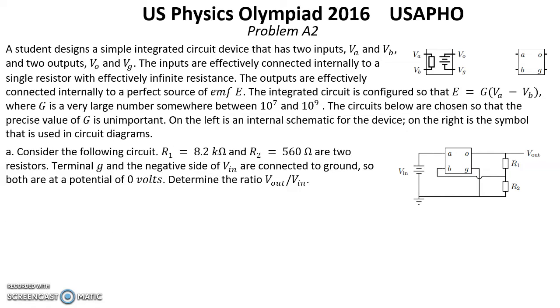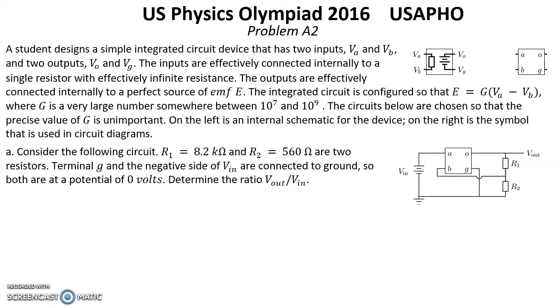Problem A2. A student designs a simple integrated circuit device that has 2 inputs, VA and VB, and 2 outputs, VO and VG. The inputs are effectively connected internally to a single resistor with effectively infinite resistance.